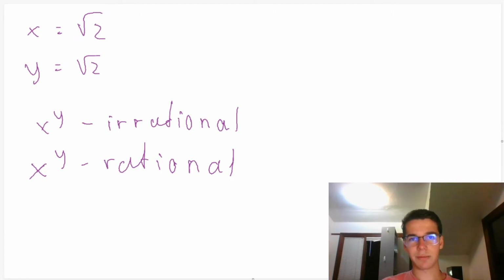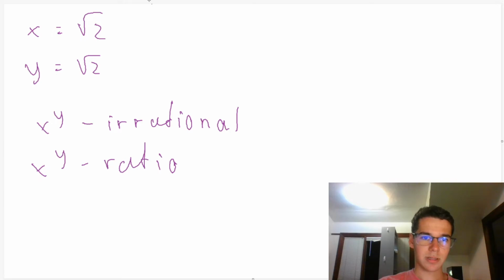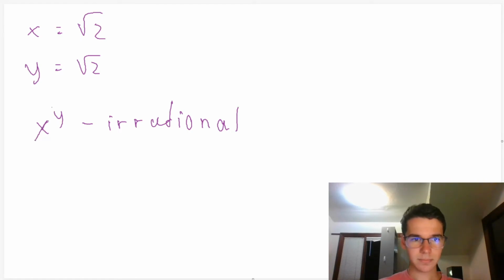Because that's what we are already saying with the proposition, that given two irrational numbers, one irrational number to the other irrational number is rational, so that doesn't really prove anything. But say we assume that x to the y is irrational, right? What happens if we do that?